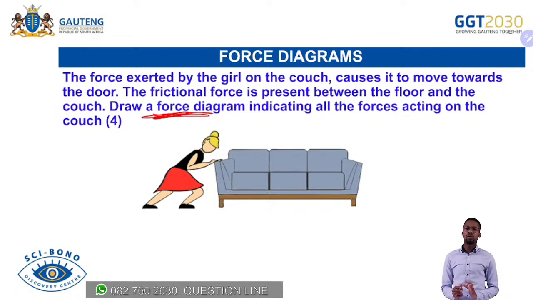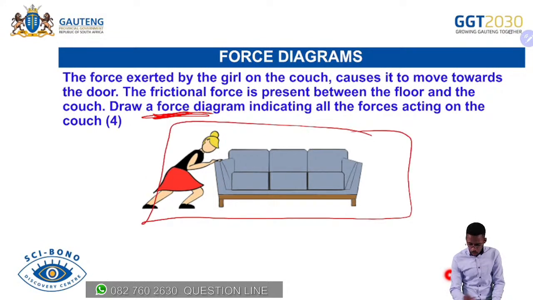We don't draw a free body. We are drawing what? A force diagram. And in a force diagram, we are going to represent this object with a what? With a block. So that is the difference between a free body diagram and a force diagram.